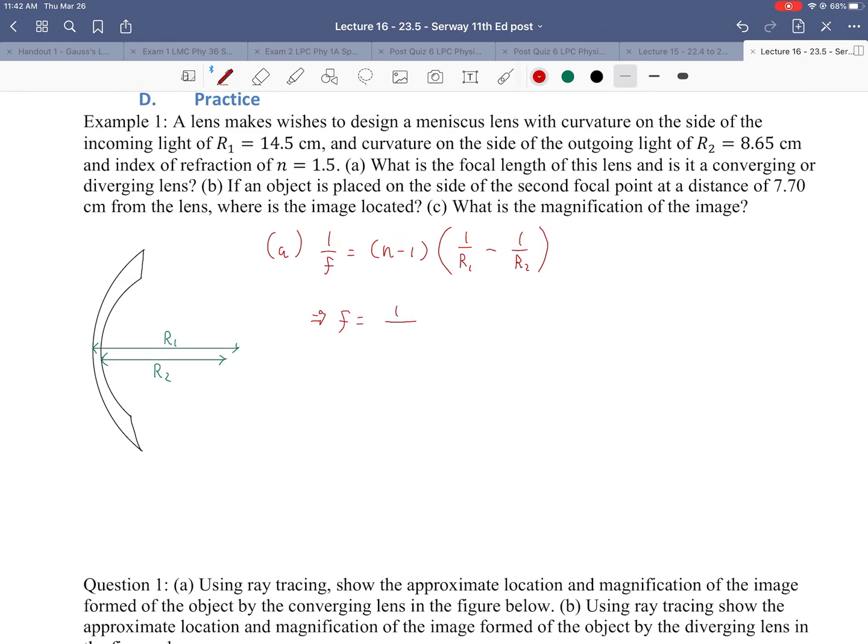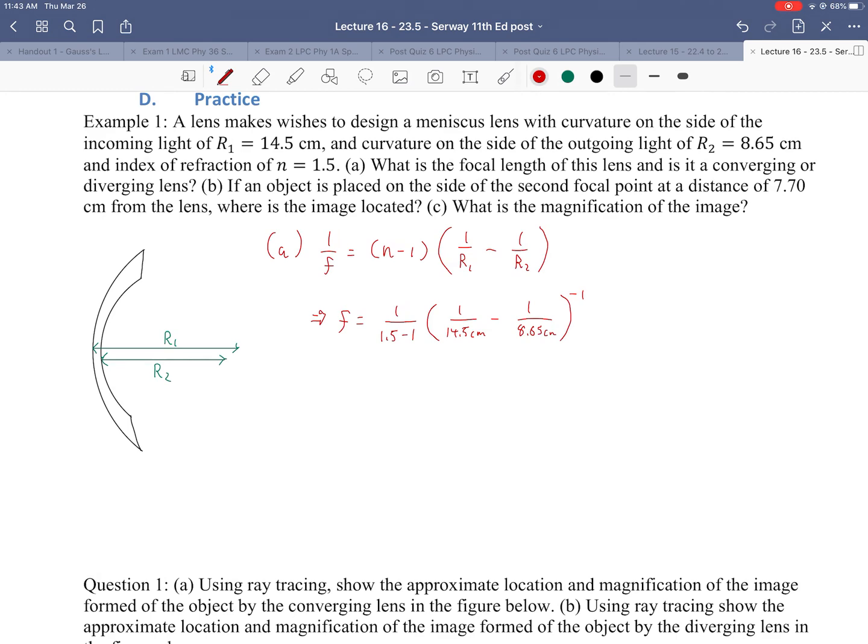So then if we solve for f, we're going to get that f is 1 over n minus 1. I'll plug in the numbers here. So that'd be 1.5 minus 1, and then 1 over R1, which is positive, and that's our 14.5. I'm just going to leave everything in centimeters. And then 1 over our 8.65 centimeters, and then I'll raise that whole thing to the negative 1 power.